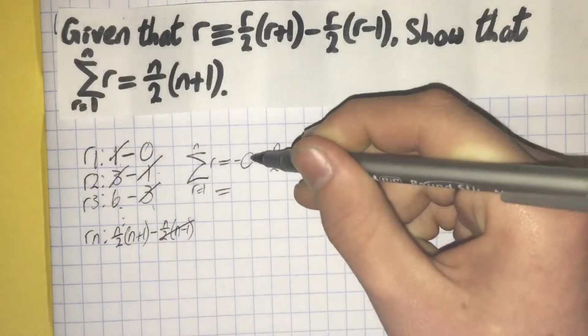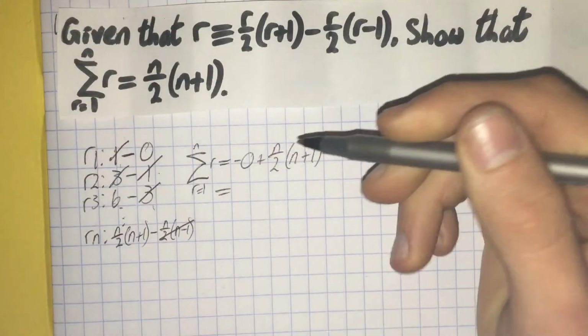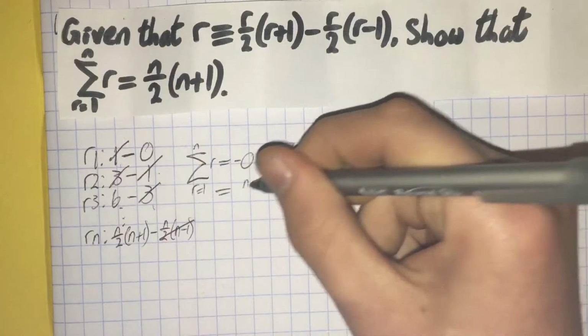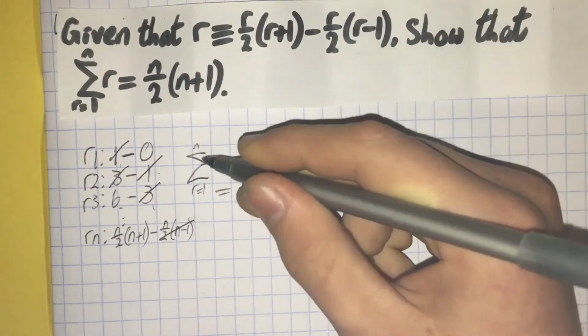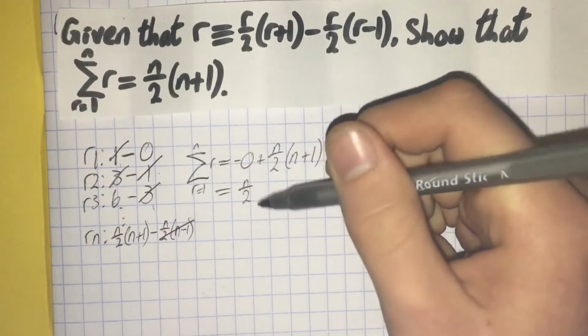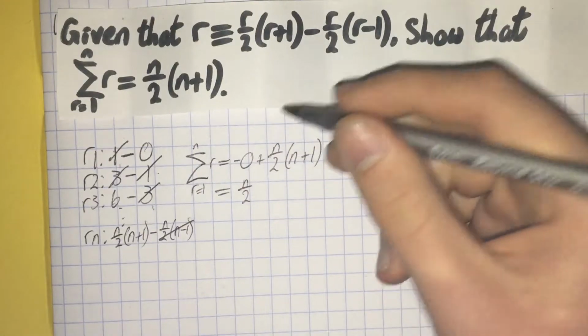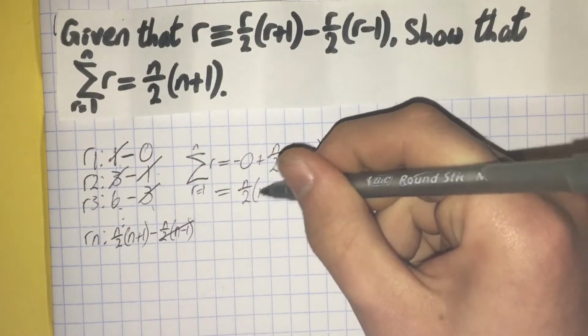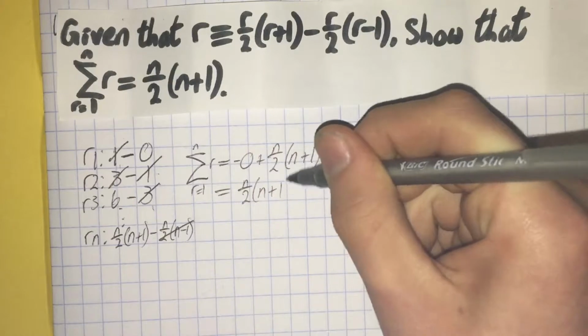And of course, 0 is just something we needn't show, meaning that we've proved that the summation of r going up to n, when starting with r equals 1, equals n over 2 times (n+1).